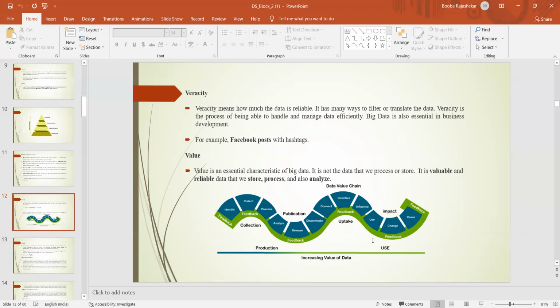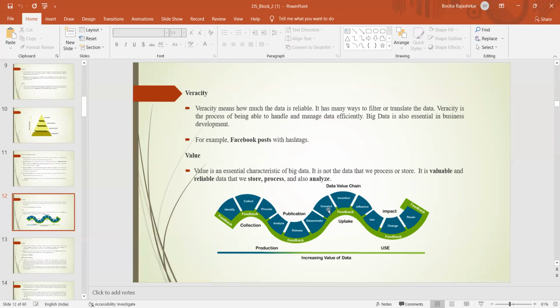Another one, value. Value is an essential characteristic of big data. It is not just the data we process and store, it is the valuable one. It is reliable, and we store and process it to analyze the data. This is the data value chain. See the data value chain.